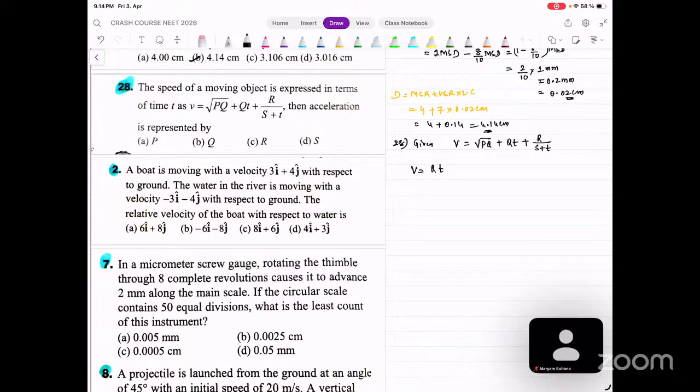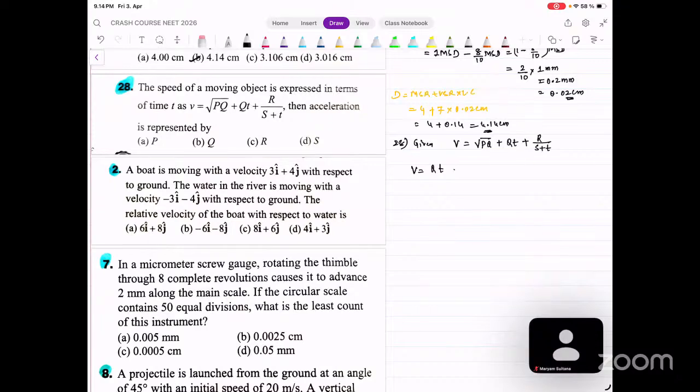So if I take it as q into t, velocity is equal to, then acceleration is represented by v equals u plus at. I can write that, beta, isn't it? So then v must be equal to q into t.